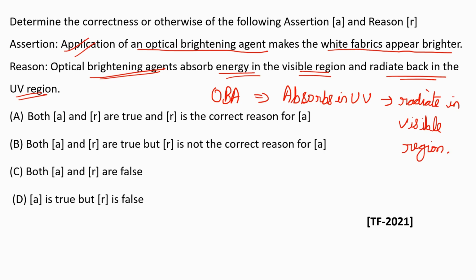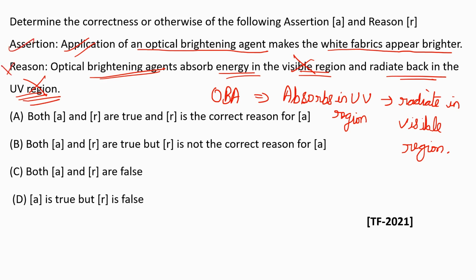So this is the visible range, and it absorbs in the UV region. This is oppositely written in this case. It is said that OBA absorbs energy in the visible region, but actually it absorbs in the UV region and radiates back in the visible region. So this is wrong.